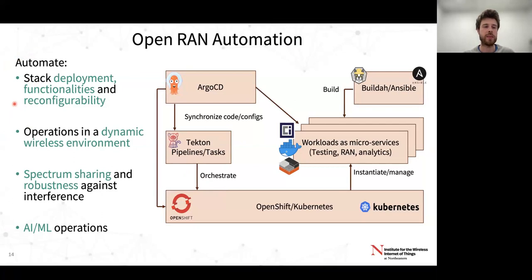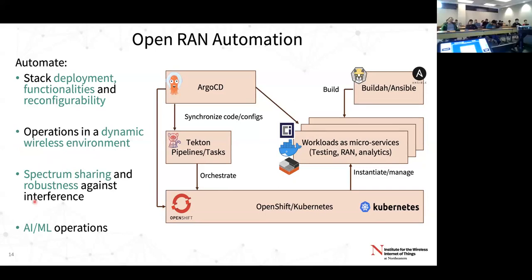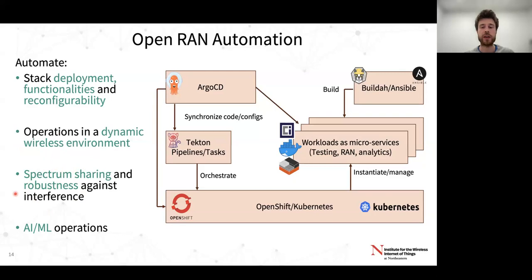So for example, I deploy a base station and I want to be able to reconfigure the base station after I deployed it. We want to manage operations in a potentially dynamic wireless environment, when the conditions of the channel are changing very frequently, potentially. We want to be able to share spectrum between different technologies, like think about Wi-Fi and cellular. And then we want to manage AI and ML operations.